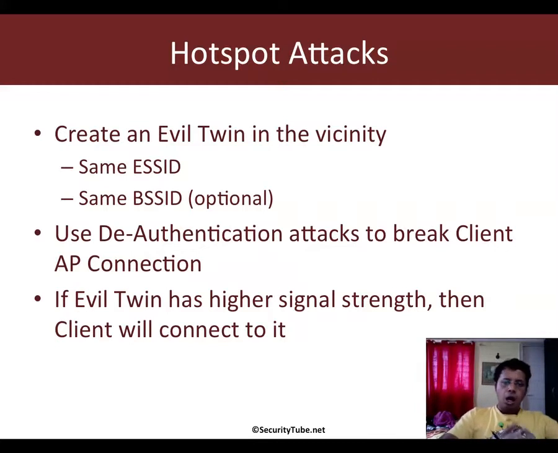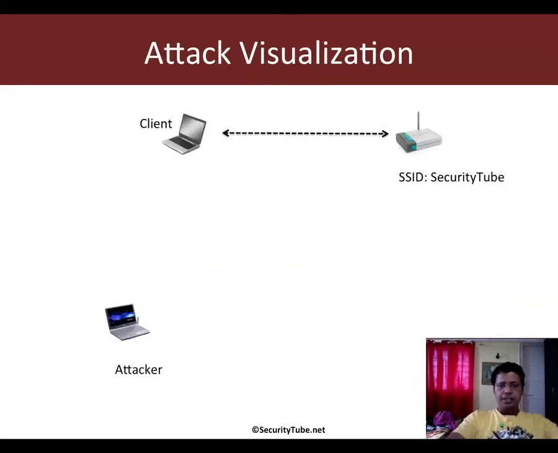Now, how would all of this work? So let me take you to the next slide where I've created a very simple animation. Now here is the authorized access point broadcasting an SSID SecurityTube, and we have a legitimate client which has connected to this access point, and we also have an attacker in the same RF vicinity.